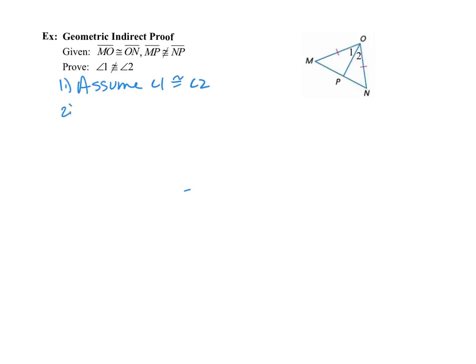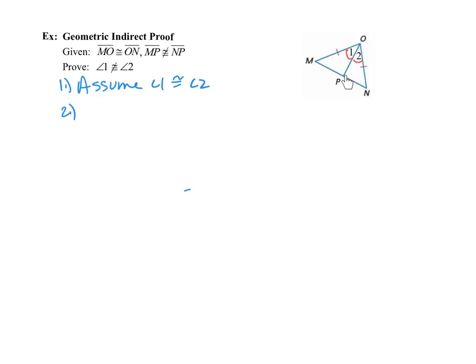All right, then step 2, let's think about how this is going to lead us to a contradiction. We're going to assume that angle 1 is congruent to angle 2, okay? Also, we're given that MO is congruent to ON, and we can see that these two triangles share a side, OP.